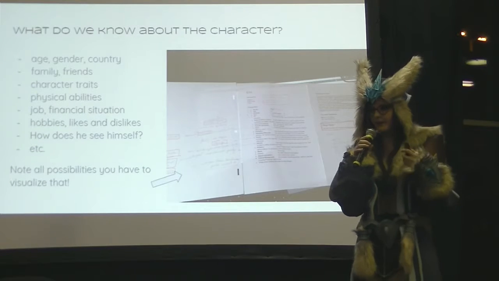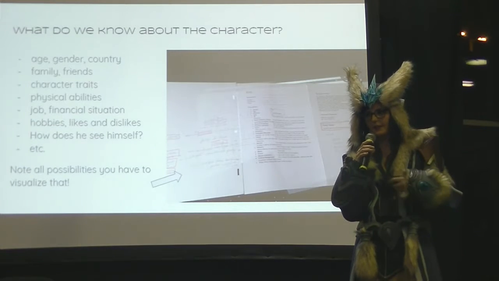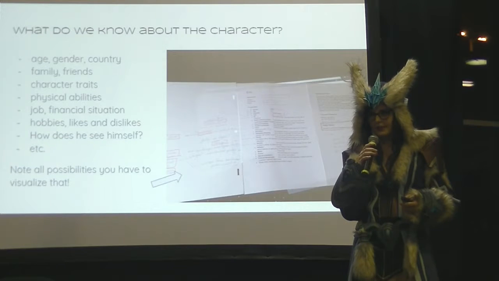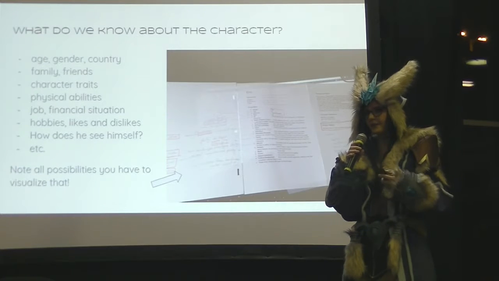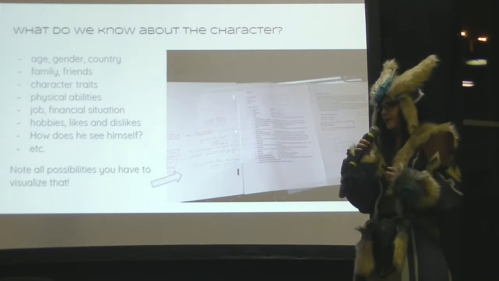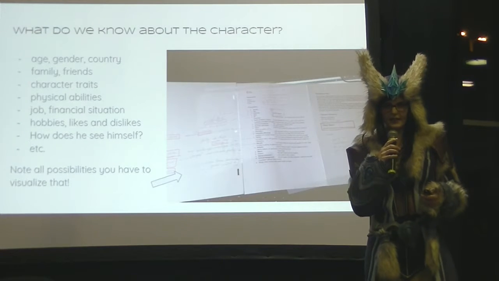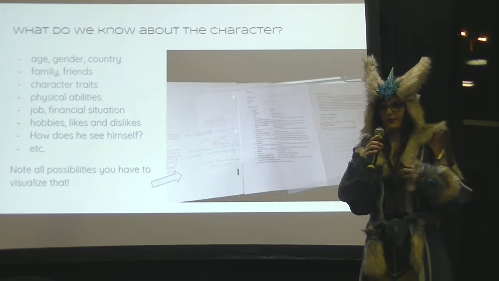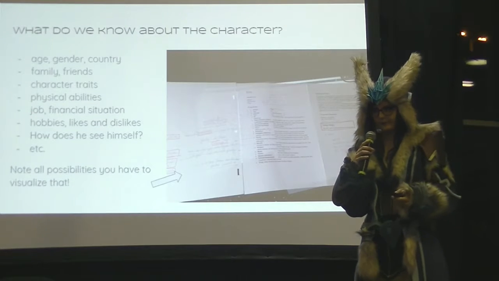So after you have all these preparations, like thinking about who your character is and what defines him, and whatever age he or she is, the job, the situation he or she is in, you might also have to think about the world around him.